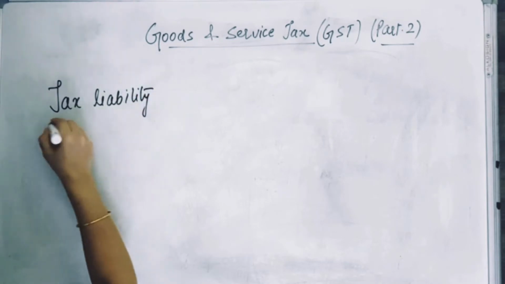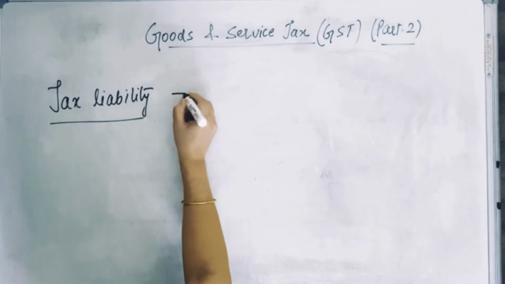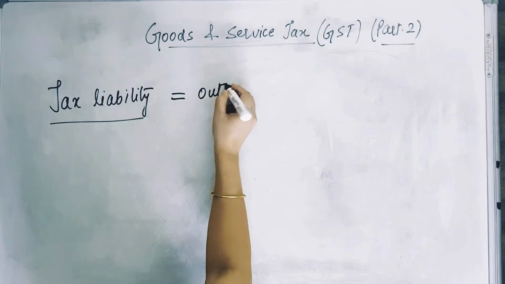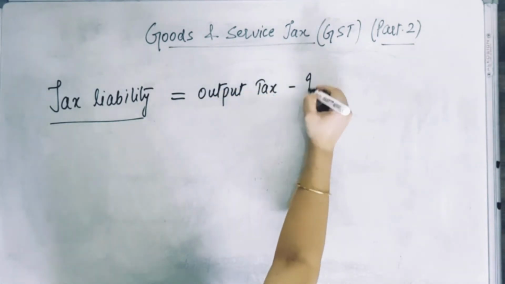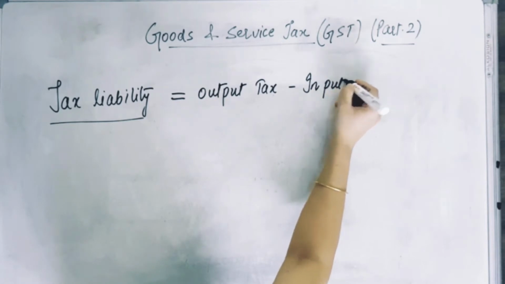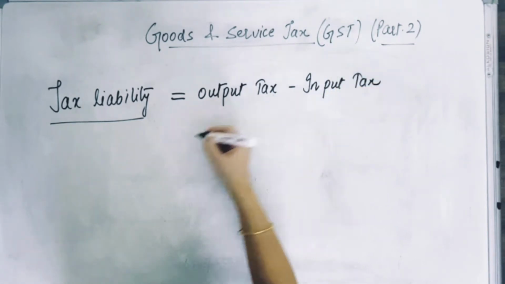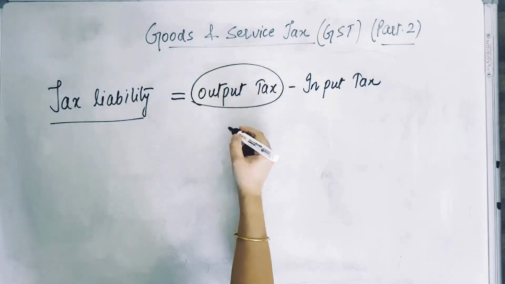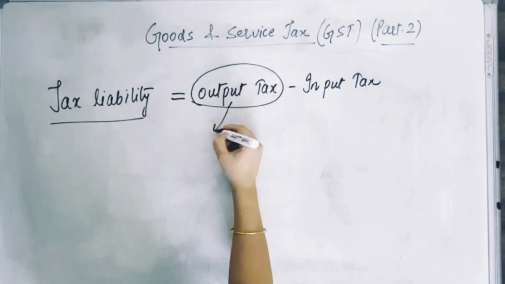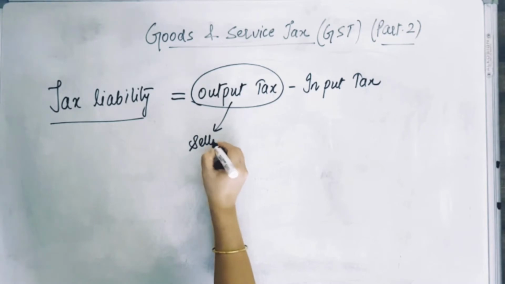Now see, what is this tax liability? Tax liability is basically output tax minus input tax. Now what is this output and input tax? Output tax is the tax which is paid when we are selling some goods and services.